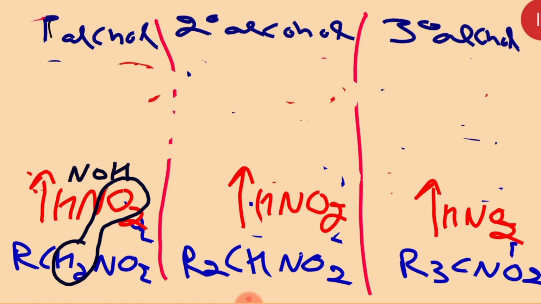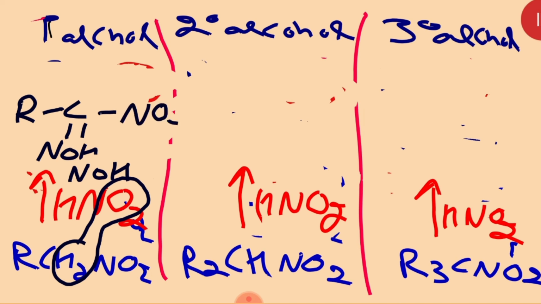And what is the product coming over there? RC double bond NOH, then NO2. Just remember one thing, wherever double bond NOH is there, that is called oxime, and here it is called nitrolic acid. What is its name?